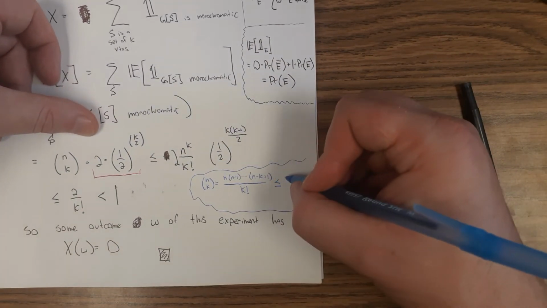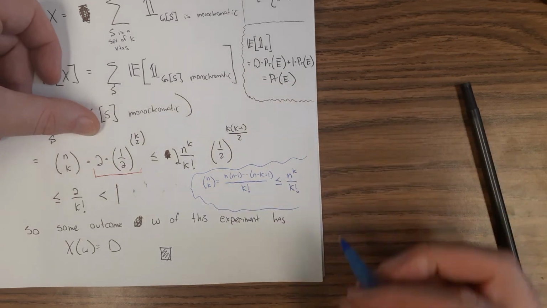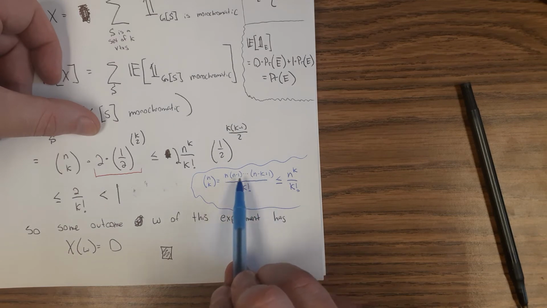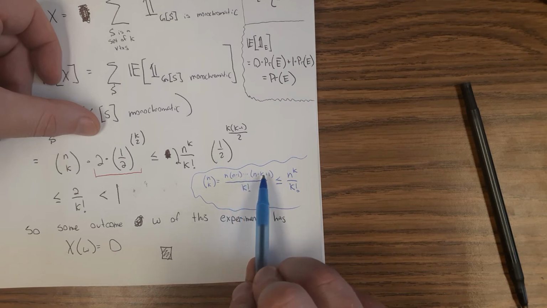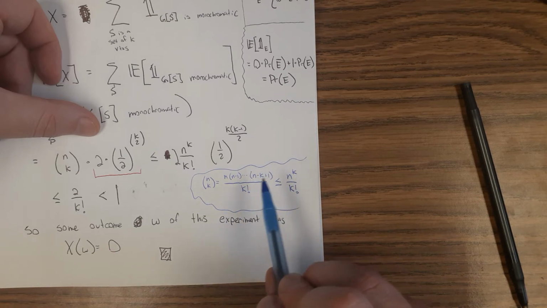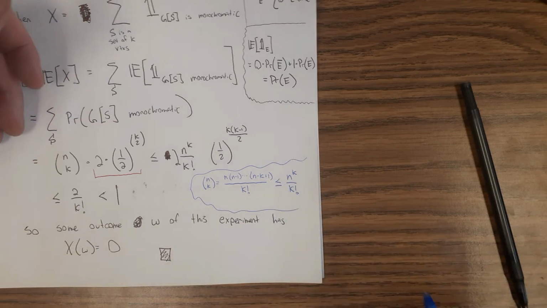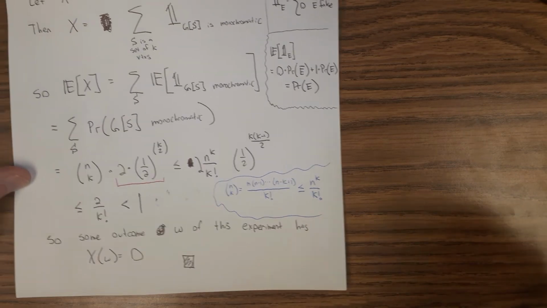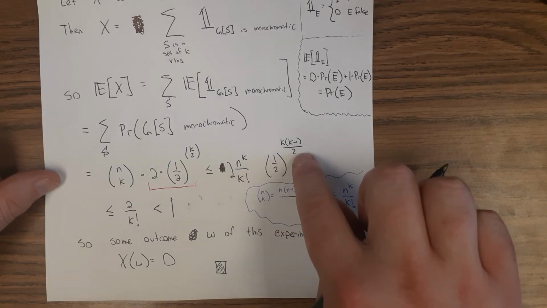And that's less than or equal to n to the k over k factorial. Because in the numerator, I'm multiplying a bunch of numbers. How many numbers? There's k of them. If you count, this is 1, 2, 3, and this would be the kth one. And all of them are less than or equal to n, so the top is less than or equal to n to the k. So that's just a simple inequality for n choose k. I used that inequality, and that's what we got here.